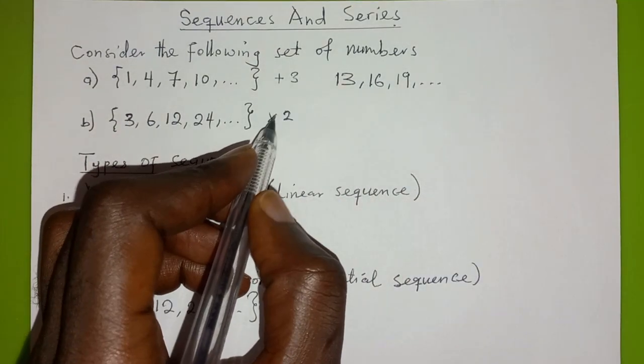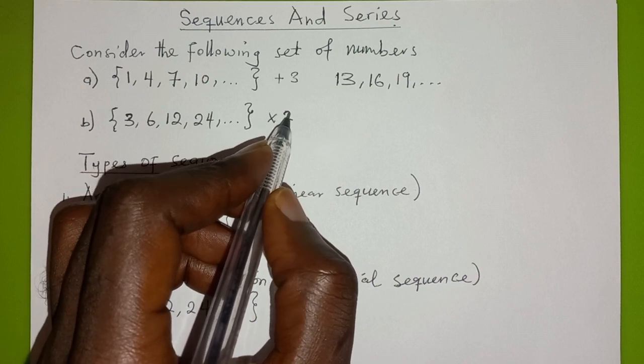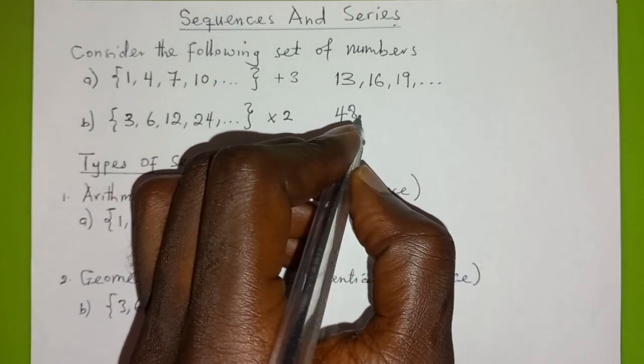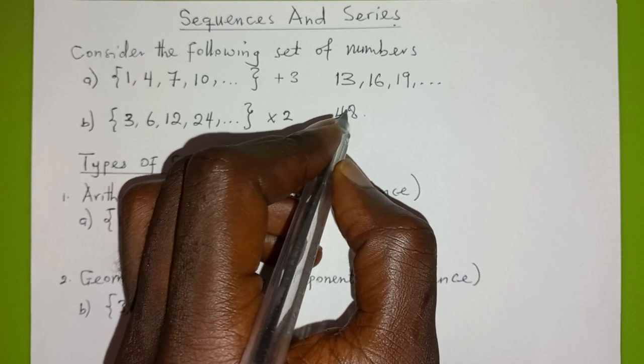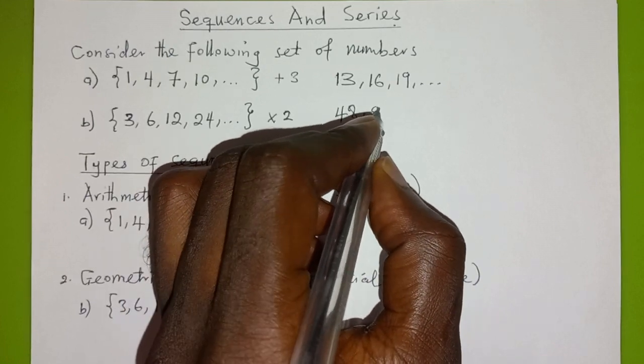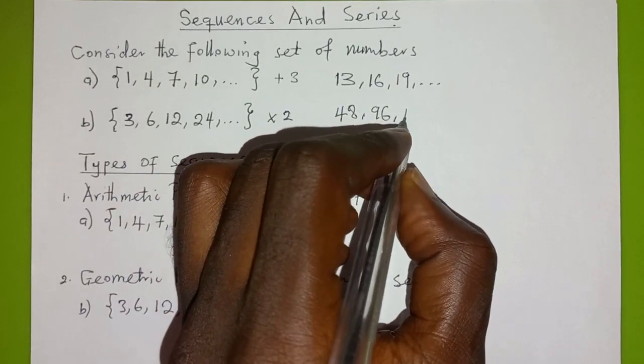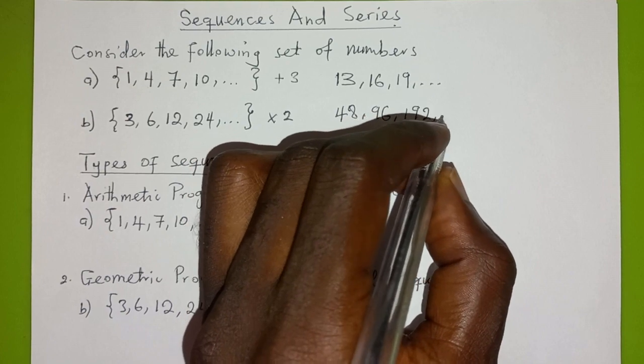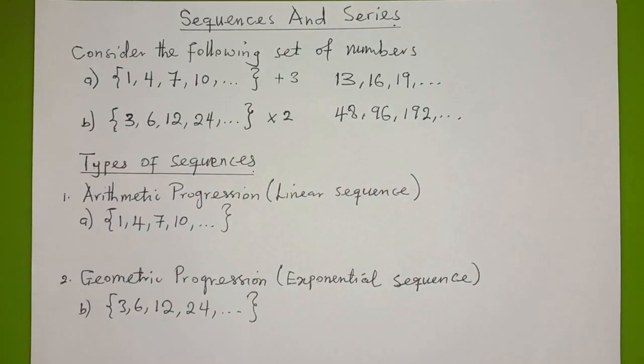And so anytime at all we multiply the second set by 2, you should get a result of 48, 96, 192 in that order. All right.